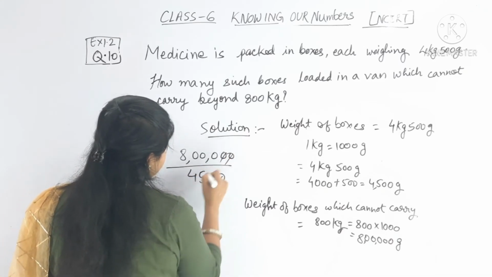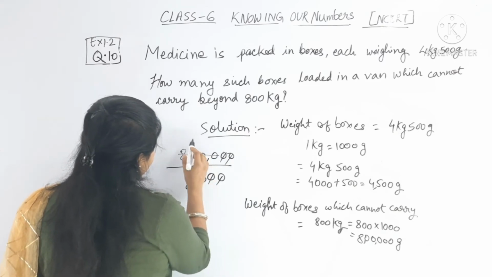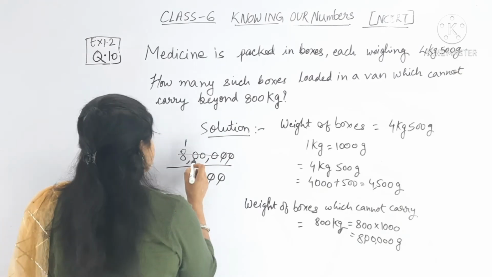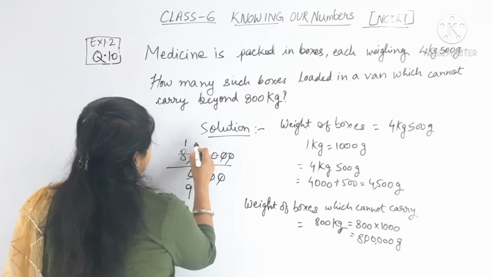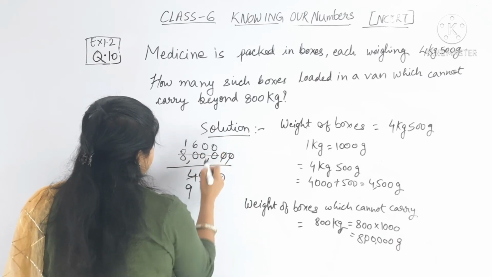Zero zero cancel. 5 nines are 45. 5 ones are 5. 3 is balance, so 30. 5 6s are 30. 0 0. Okay.